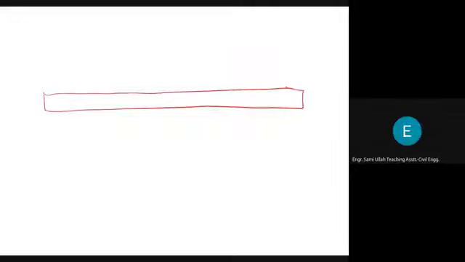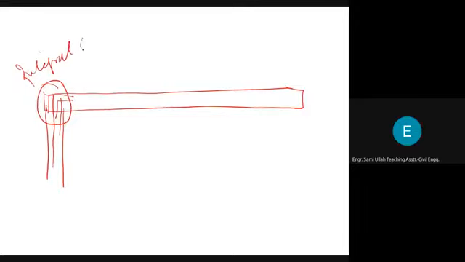For example, there is a beam like this. At one end of the beam there is a column. The reinforcement of the column is going into the beam, and the beam reinforcement is going into the column. This can be called an integral support. Then let's say there is another column here.